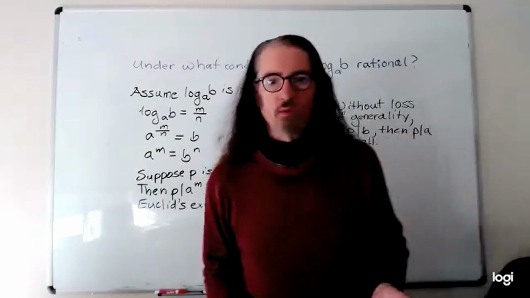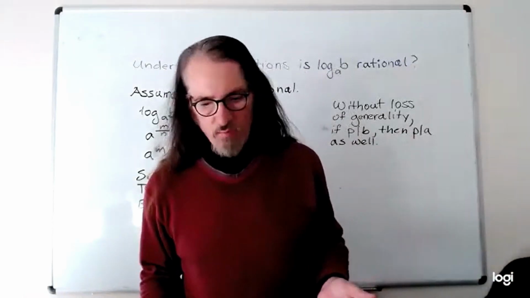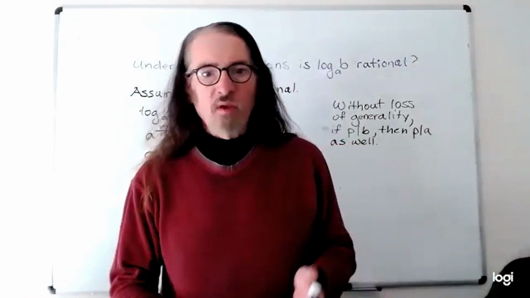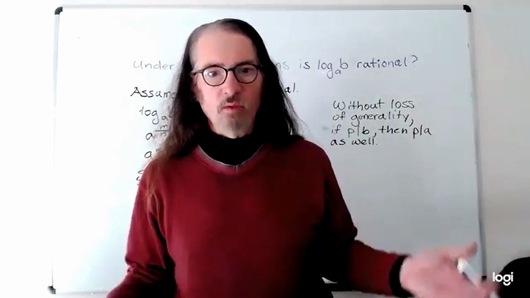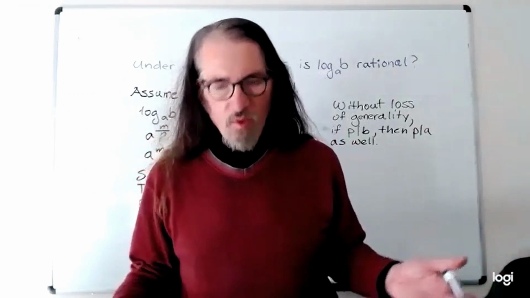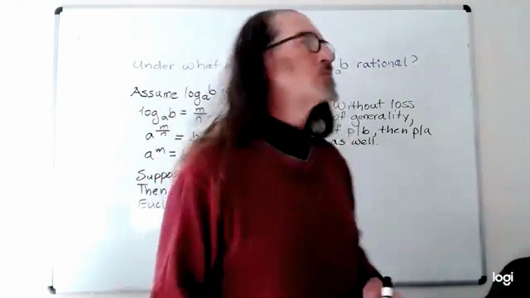So in other words, when we do the prime factorizations of both a and b, we're not going to see any different prime factors in the two. What may differ is the exponents.